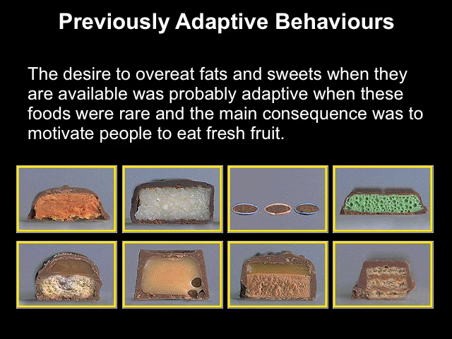But previously adaptive behaviors are where we need to think about the past environments that humans and our ancestors evolved in, and how our current environment is different. We're unique among most species in that our current environment is incredibly different to what it was even 1,000 years ago.